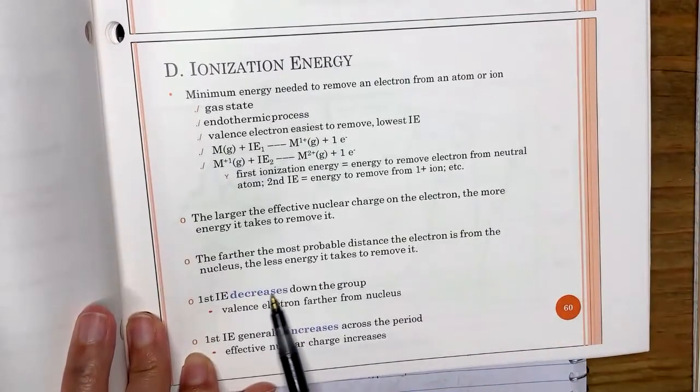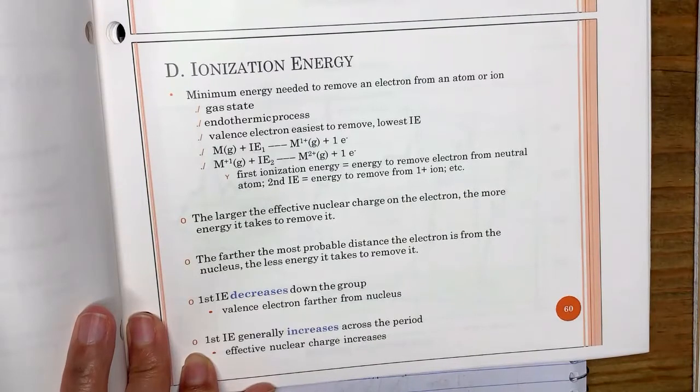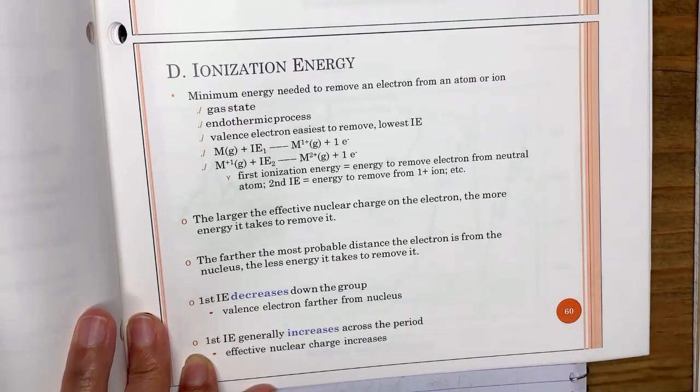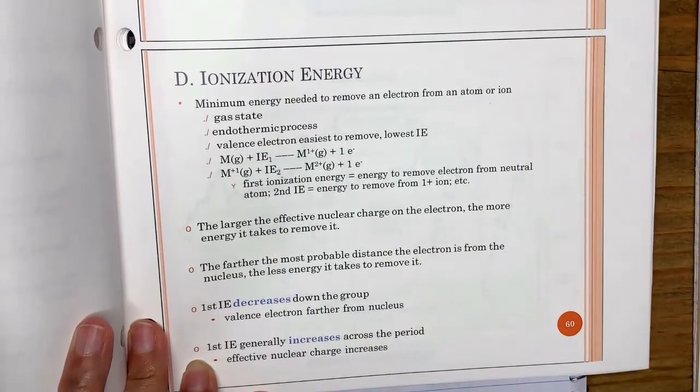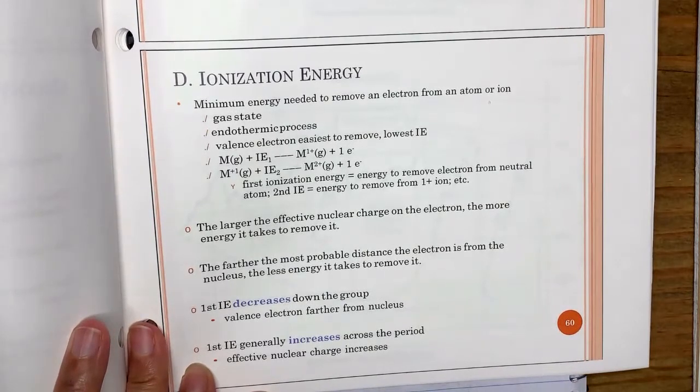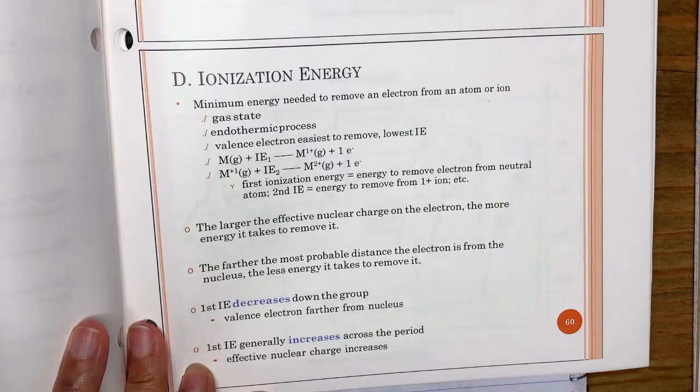As you go down a group, the first level ionization energy, basically taking it from the atom, decreases, because going down a group it gets bigger. When things are bigger, it's kind of like a big classroom. I used to teach in big auditoriums, maybe 200, 250, 300 students.